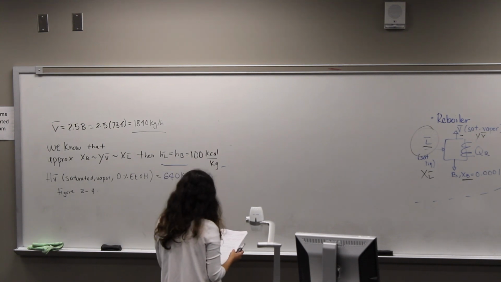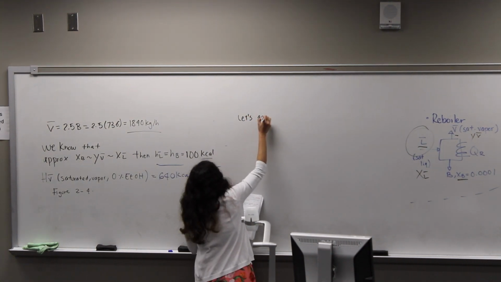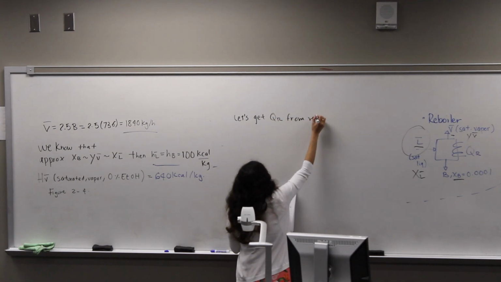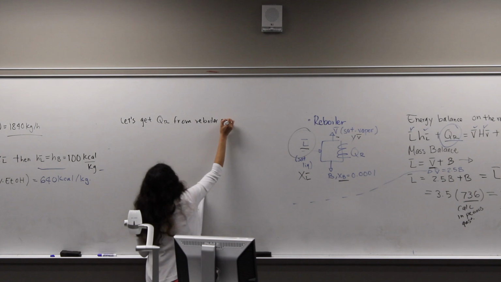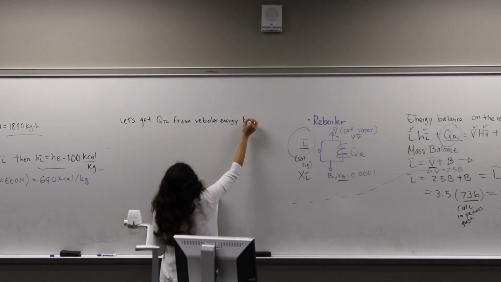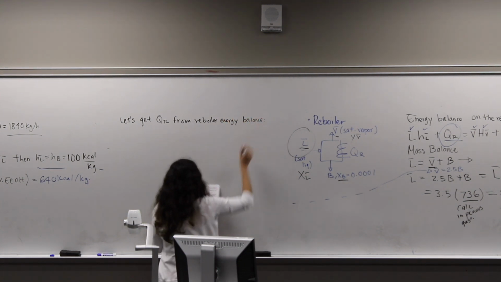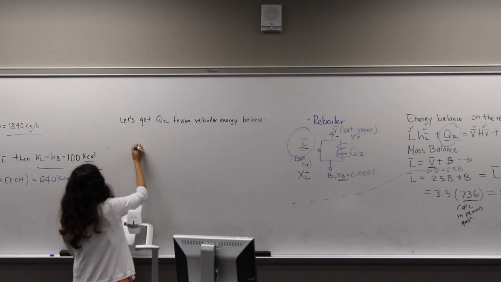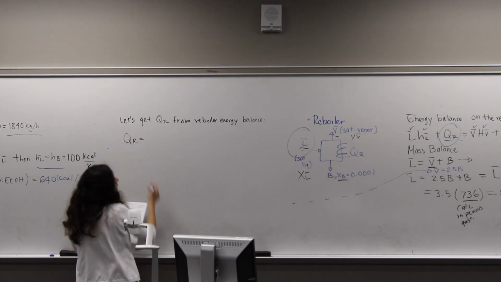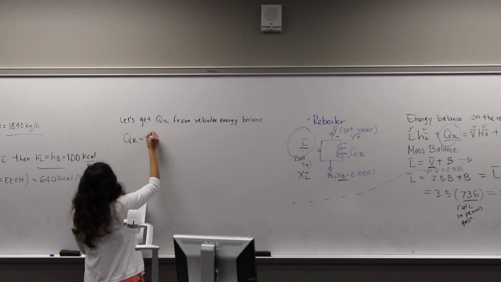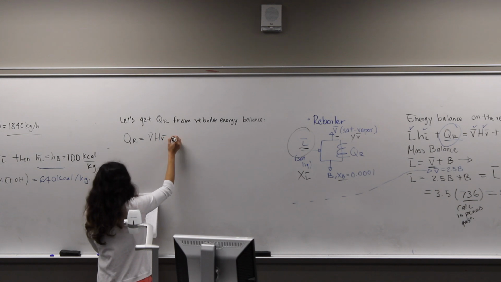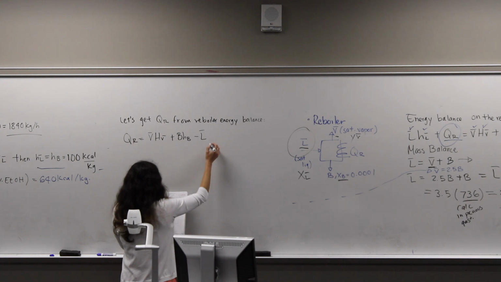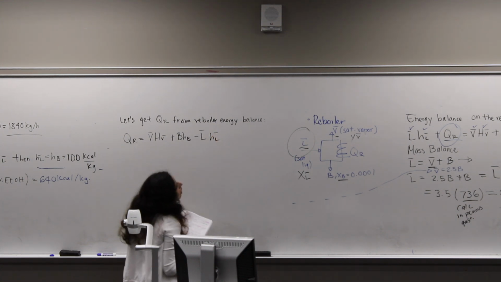And I can put my numbers. QR from the reboiler energy balance. So you have the balance there, right? So QR equals V times HV plus B times HB, the saturated vapor with V HV.